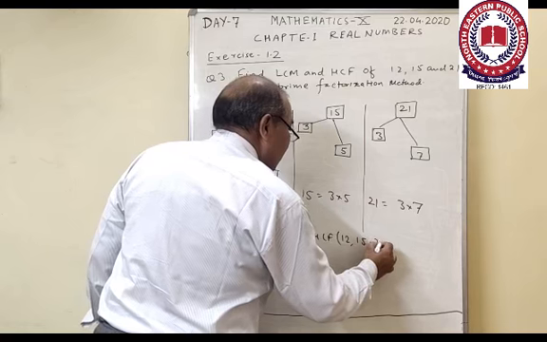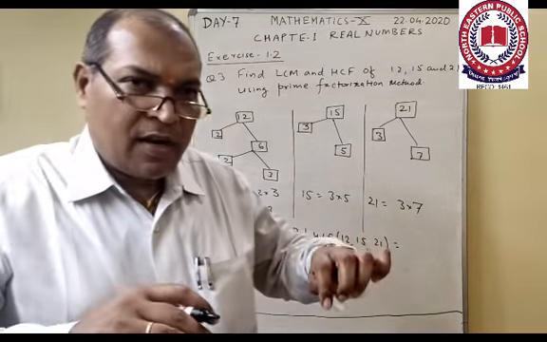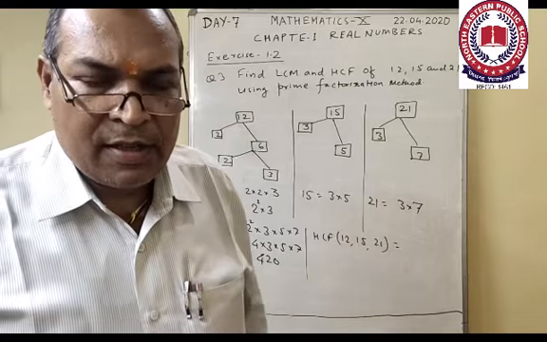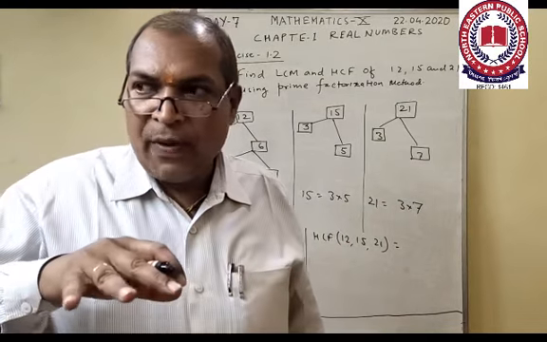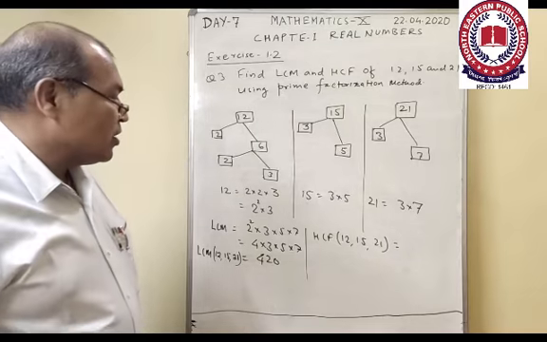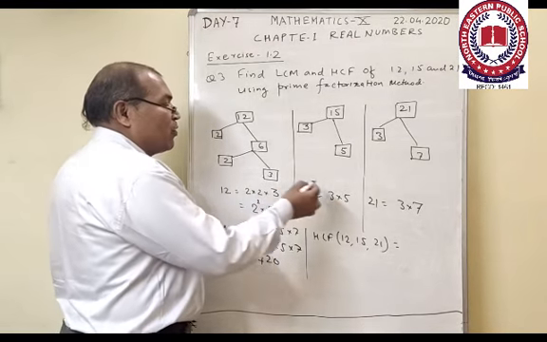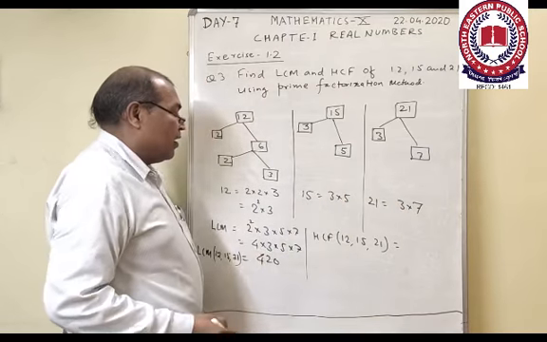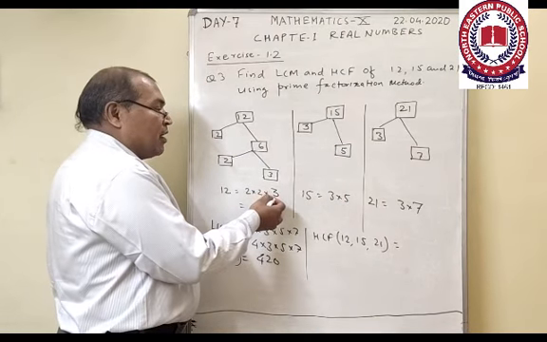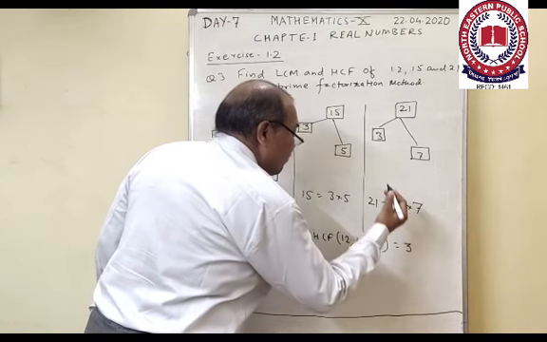15 and 21. The HCF is the product of common prime factors with least exponent. The prime factor 2 is available in 12, but 2 is not in 15 and 21. Another factor, 3, is available in all three, so it is a common prime factor.